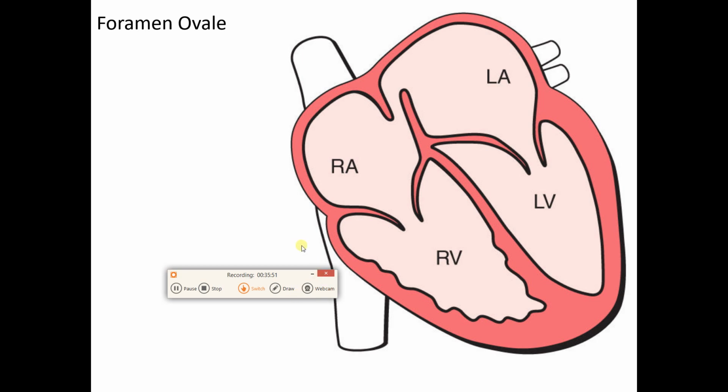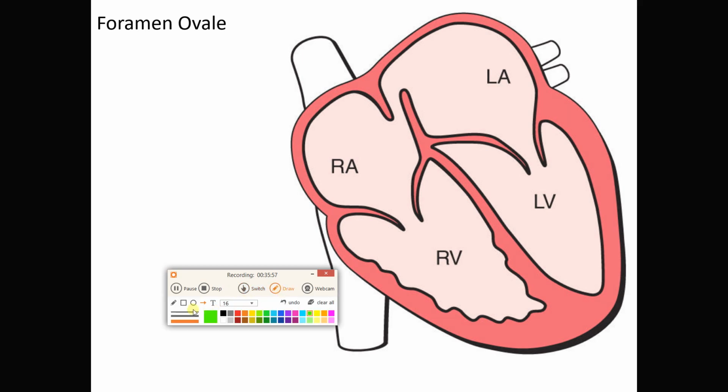And just to review, here I do have a picture with a foramen ovale. So this is a fetal heart here. Blood in the fetal heart would arrive from the superior vena cava and from the inferior vena cava, and then most of the blood would go this way to the left atrium.